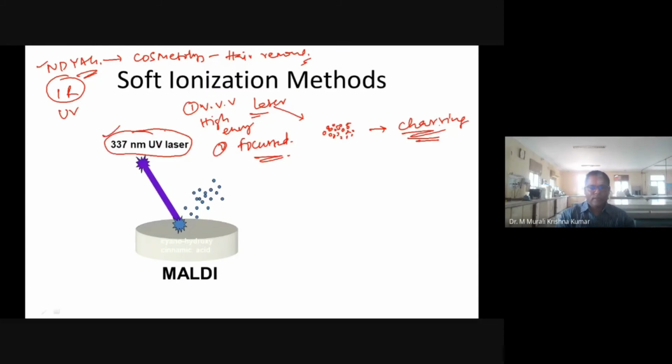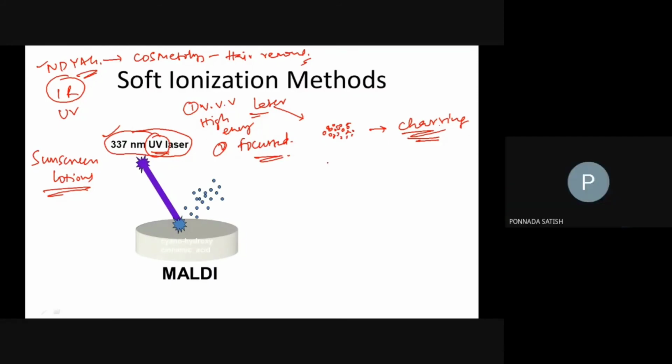The reason is that UV protection has something to do with sunscreen lotions. What is the mostly used, very popular ingredient in sunscreen lotions?